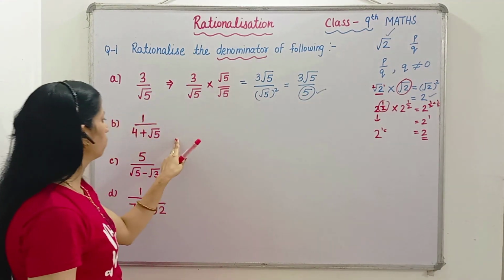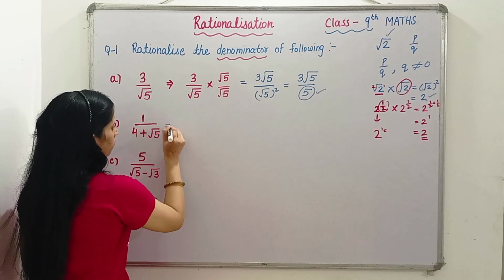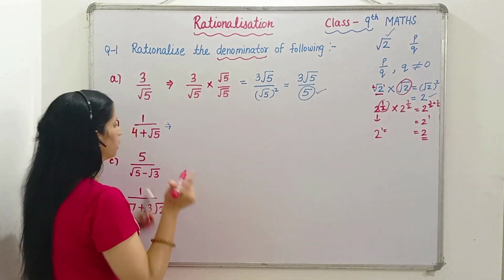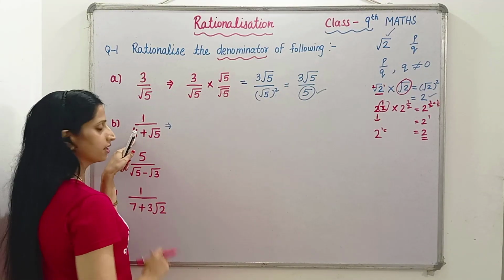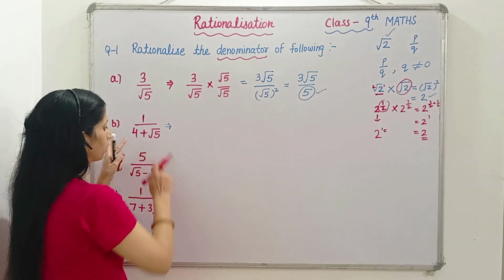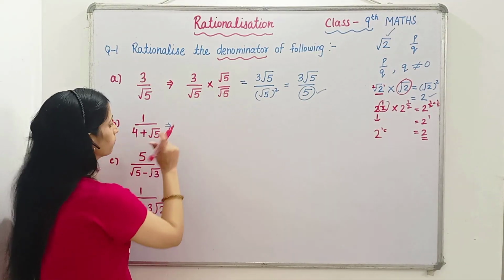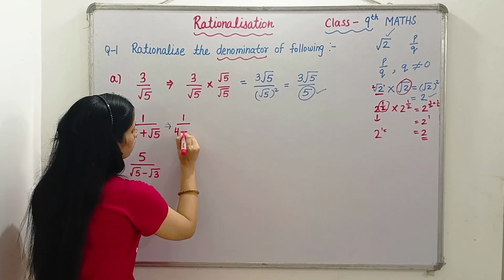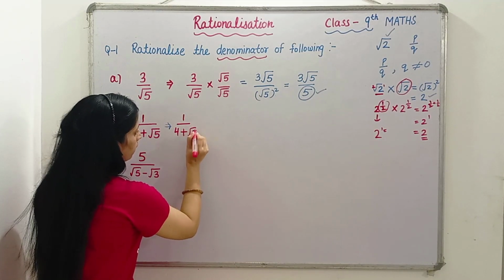Okay, now let's do the second question. In the second question, there are two terms in the denominator. 4 is a rational number, and root 5 is an irrational number. Okay, but we will take both together. So let's write it as it is first: 4 plus root 5.